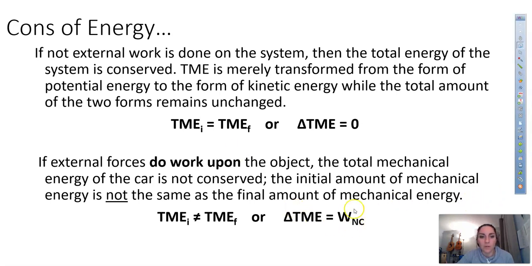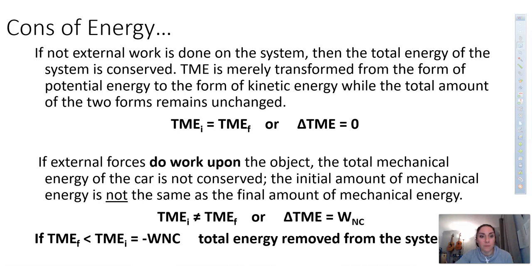In physics speak, this is actually called work by non-conservative forces, but honestly, you don't need to worry about that word. I know that's what NC means. You could just think of it as work. In other words, if there's work done on the system, then the energy does not stay the same.